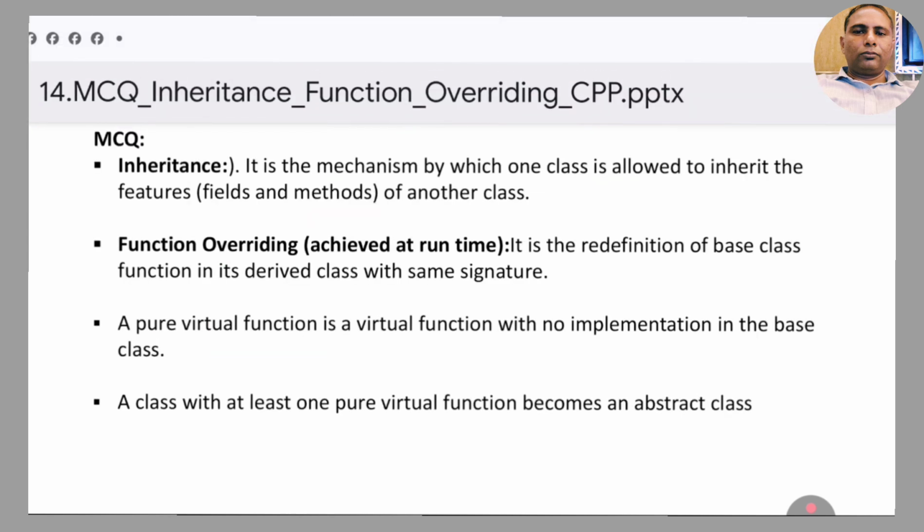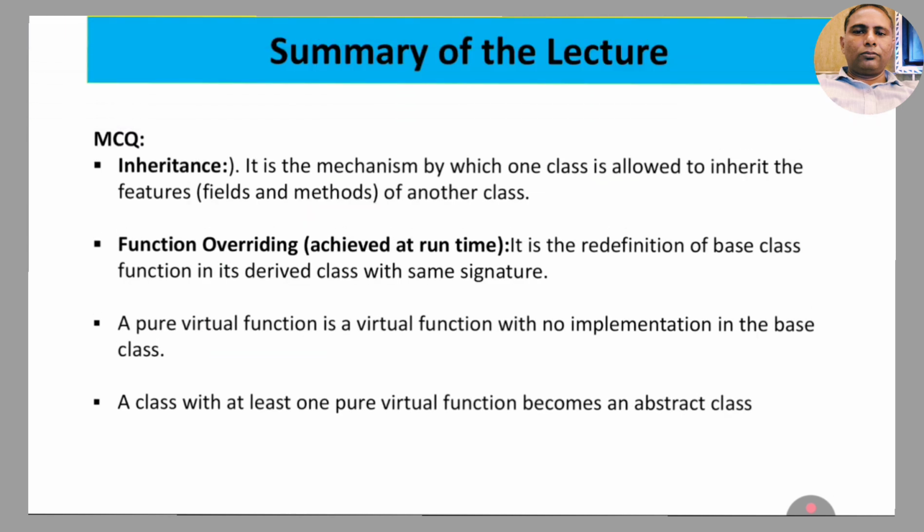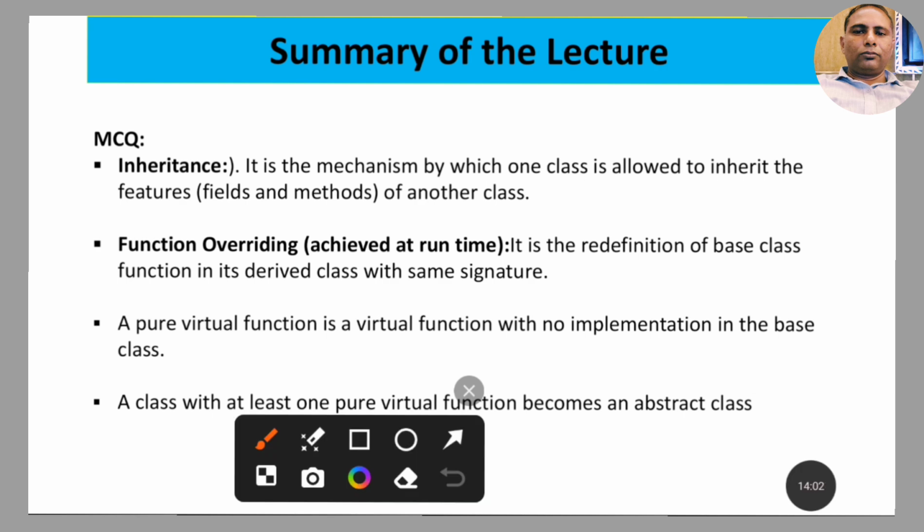Now, the summary of the lecture is that in this lecture we have discussed MCQs based on inheritance. Inheritance is a mechanism by which one class is allowed to inherit the features of another class.